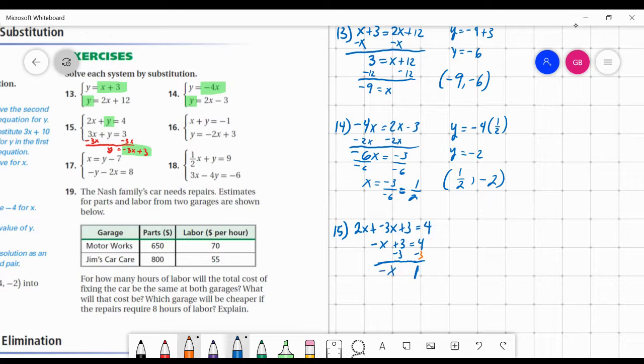So negative x is equal to 1. So when you divide by negative 1, x is negative 1. There you go. x is negative 1. So when you plug in negative 1, negative 3 times negative 1 is 3, plus 3 is 6. So y is 6. x is negative 1 and y is 6.